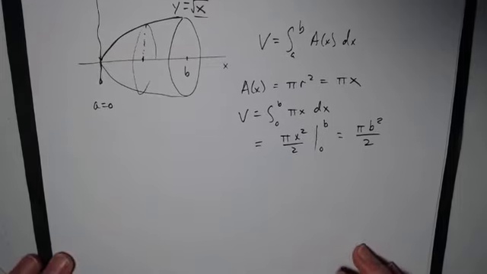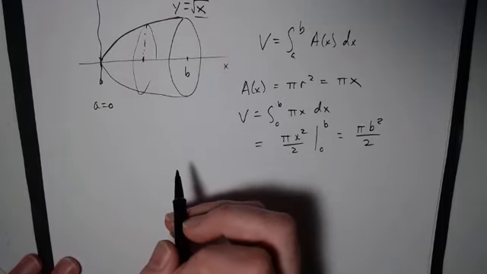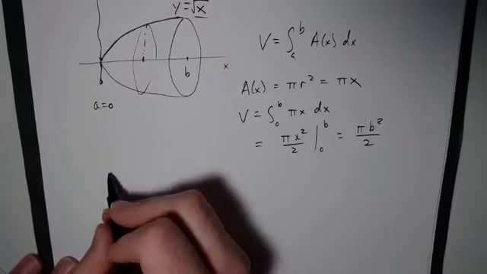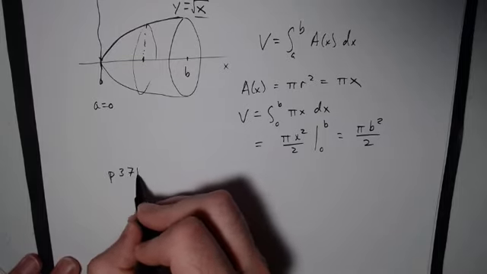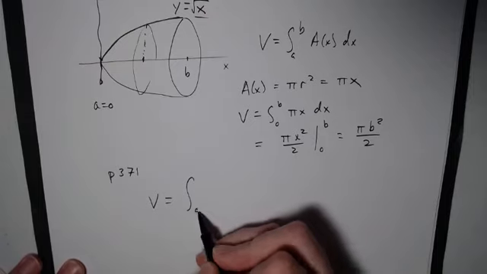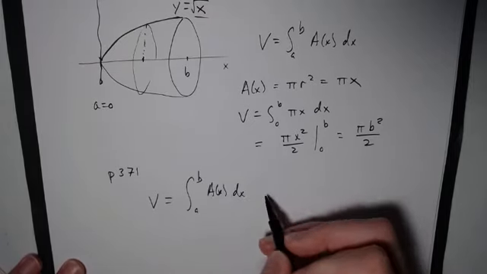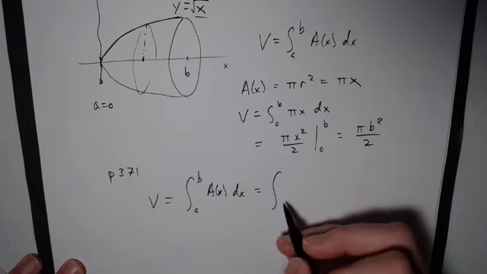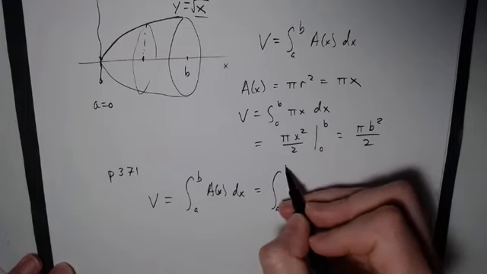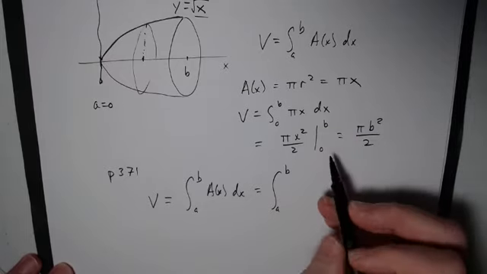In general, this formula is on the top of page 371. We can say that V equals the integral from a to b of A of x dx. And this is the integral as x goes from a to b. But then we can replace A of x with our pi r squared.